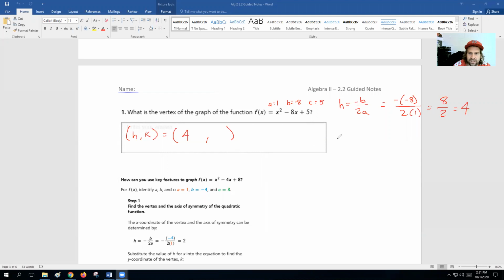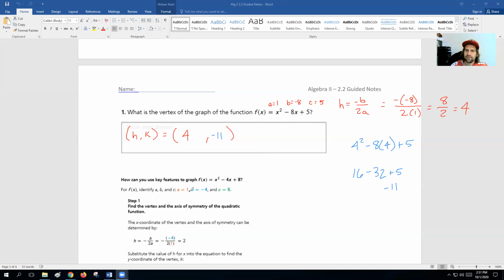Now to figure out what k is, we're going to take that h value and plug it back into the original equation. So what is 4 squared minus 8 times 4 plus 5? That'd be 16 minus 32 plus 5. 16 minus 32 is negative 16, plus 5 is negative 11. There's our negative 11. There's our k.